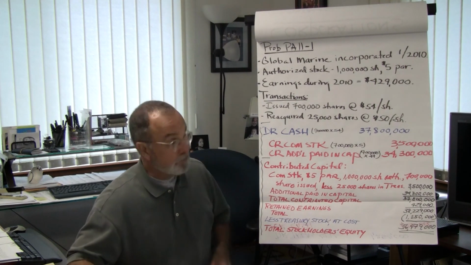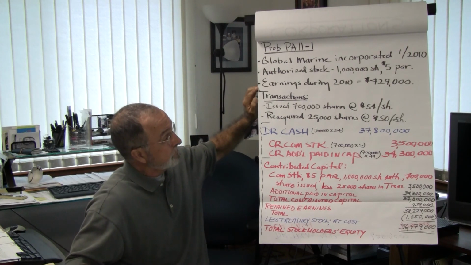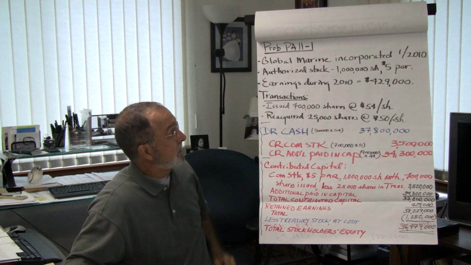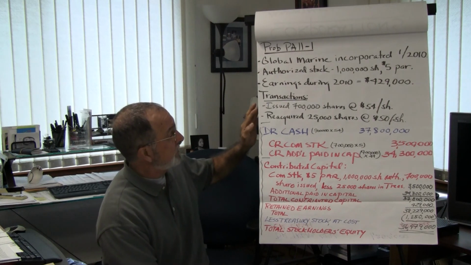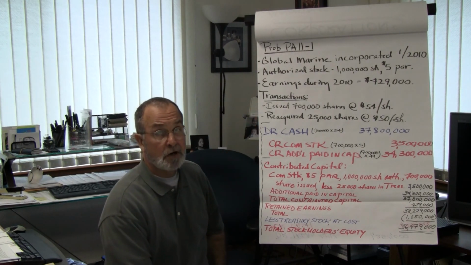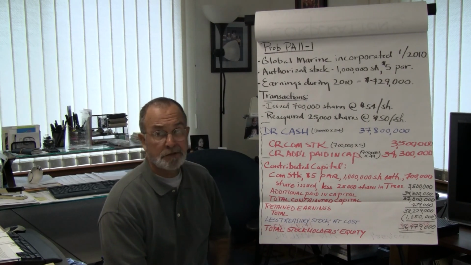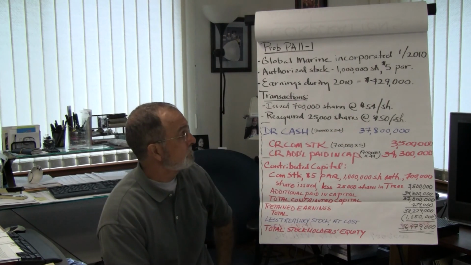During the first year, the company earned $429,000. So that was its net income on its income statement. And there are a couple of transactions. They issued 700,000 shares. Of the million authorized shares, they issued or sold 700,000 shares at a price of $54 a share.